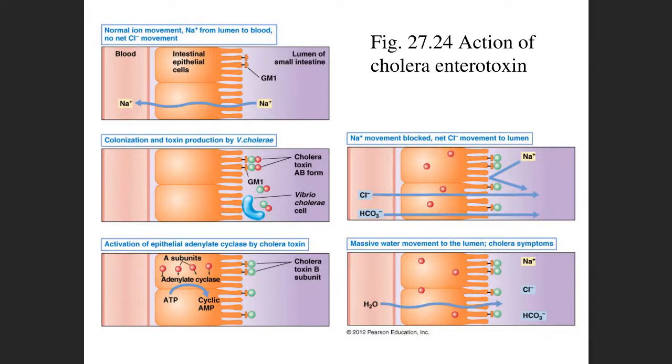And then lots of ATP turns into cyclic AMP. And the result is that they block the sodium from being taken up. So the sodium gets blocked, and then the chloride gets pumped out to match the sodium, and so now in the lumen.